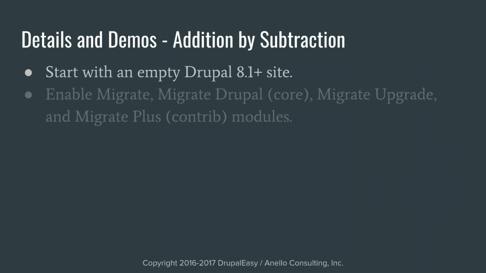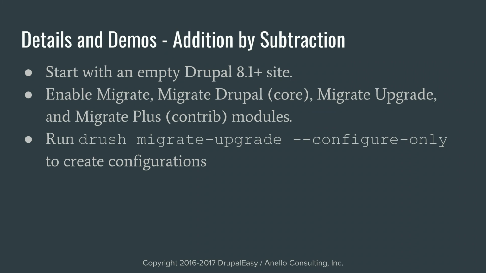Addition by subtraction involves a contrib module, Migrate Plus, as well as the core modules. This is your magic drush command that basically creates all of those configurations but does not run them. So you're running the migrate upgrade and saying configure everything. I'm hiding some details here where you specify the source database, but this is the main part of the command.